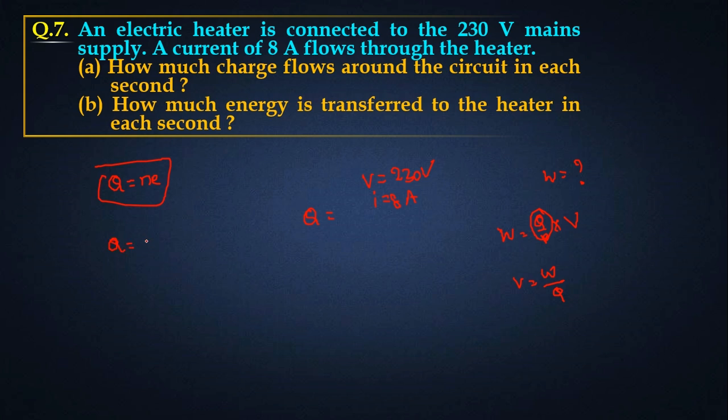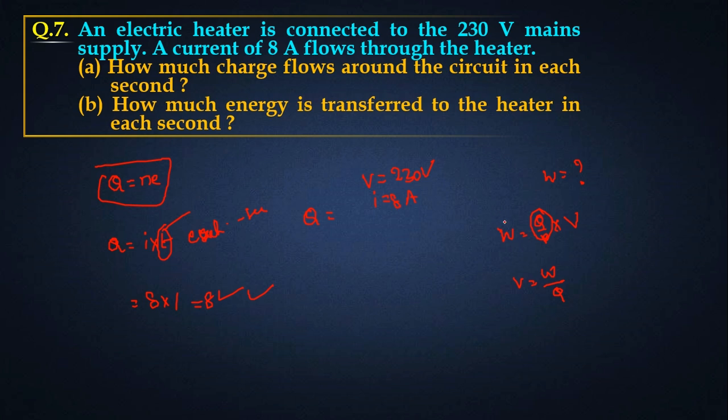Q is equal to I into T. Here time is given as each second, and each second means 1. So I is 8 into 1, that is equal to 8. So Q is 8 only.